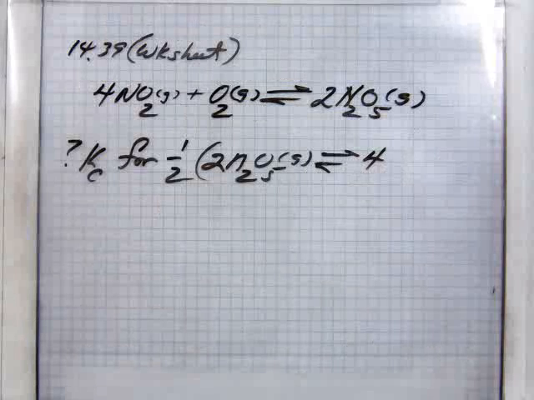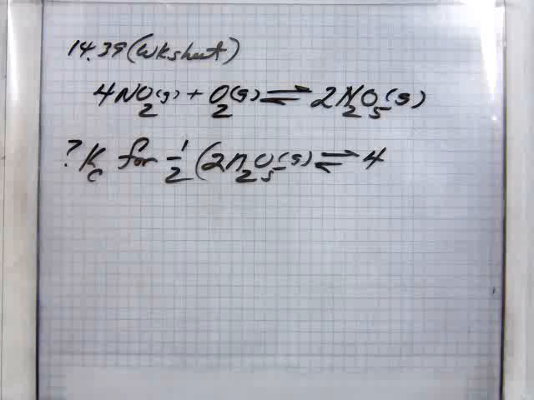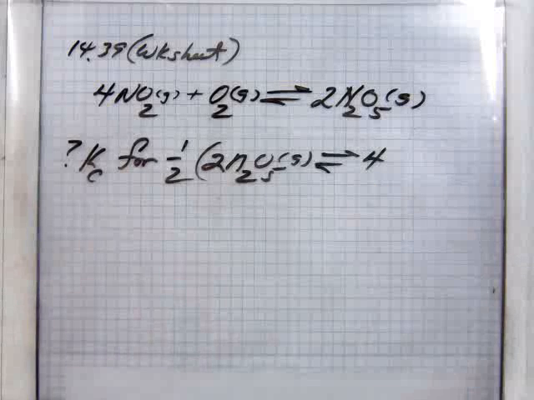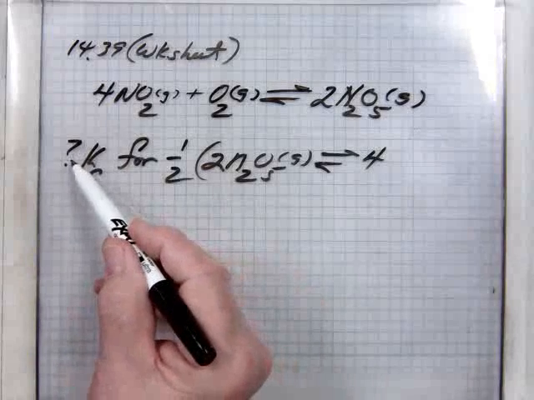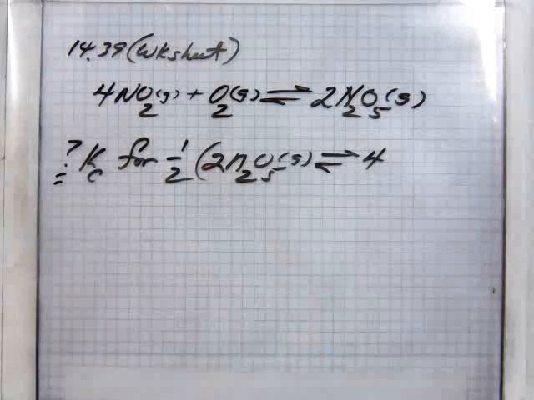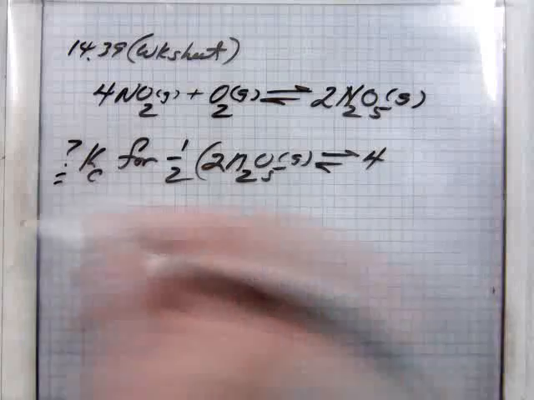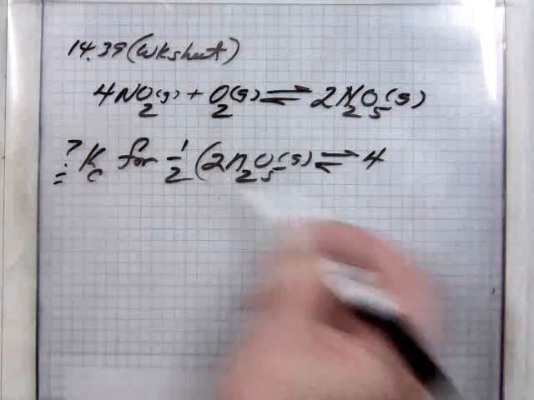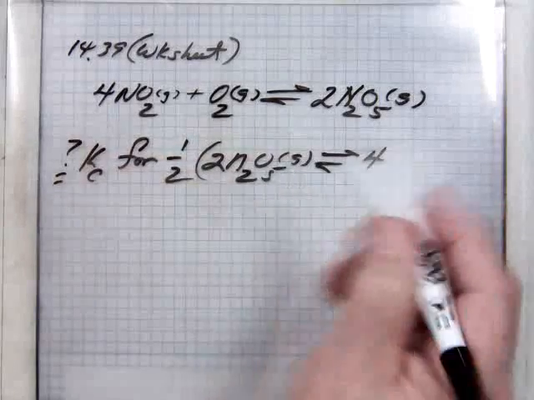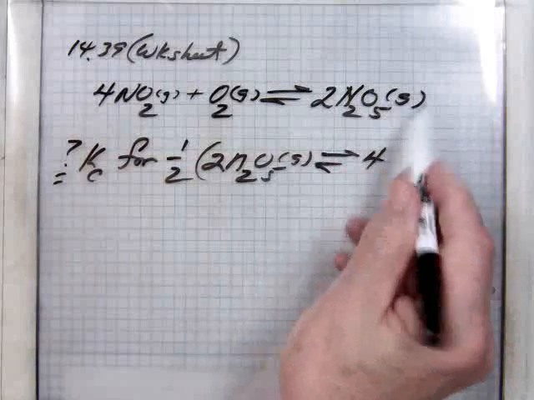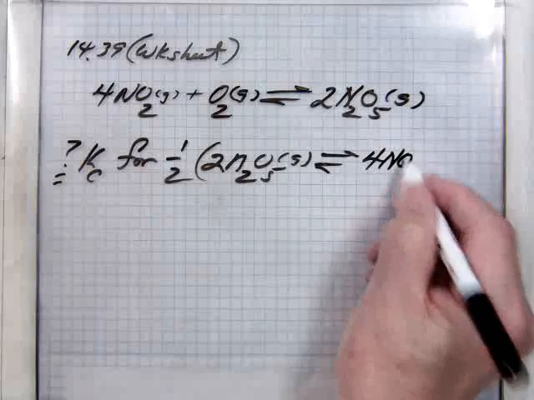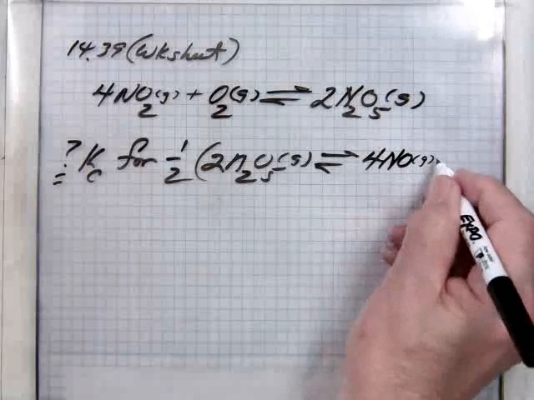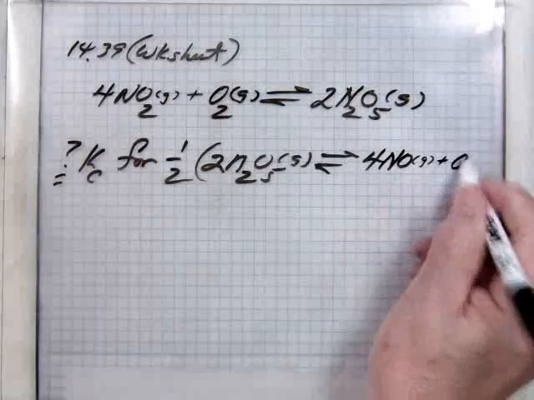Okay, number 1439 on the worksheet. I'm giving you the equation off of the problem here, and it wants to know what the Kc is for 1/2 of the reverse reaction. So I'm going to cut the reaction in half and reverse it, which goes to 4NO2 gas plus O2 gas.